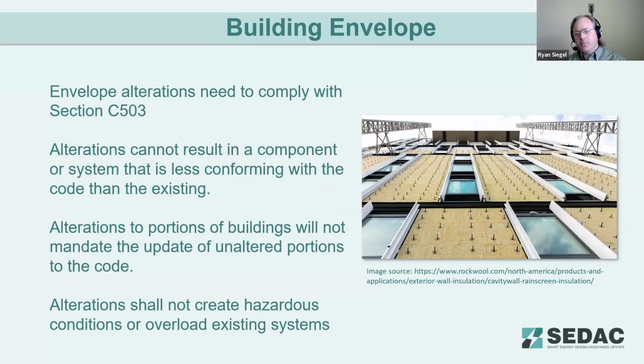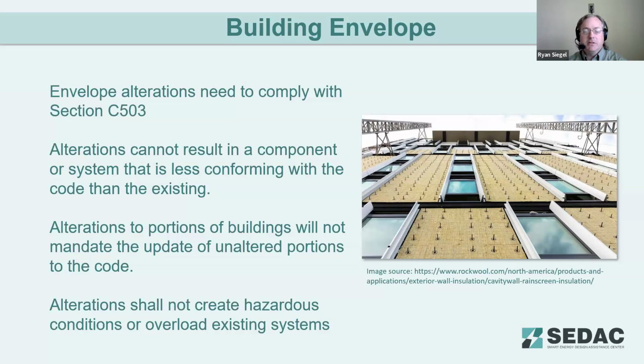For envelope, again, that leads back to section C503, which is going to point you back to chapter 4. Alterations cannot be less conforming than before, and alterations do not require the unaltered portions to be brought up to the current standard.